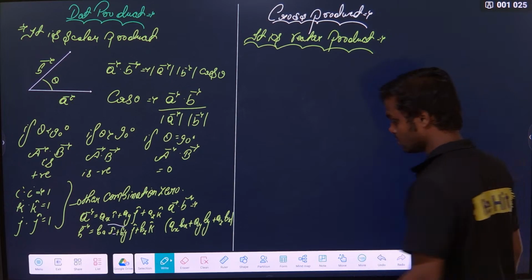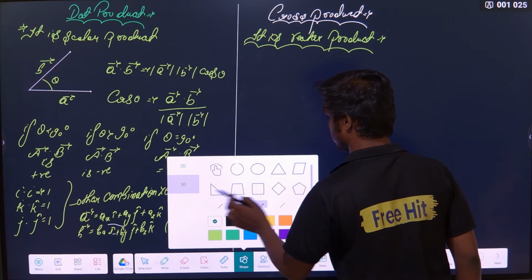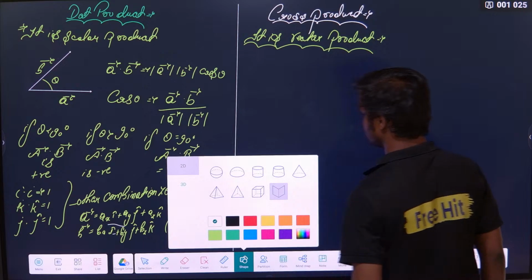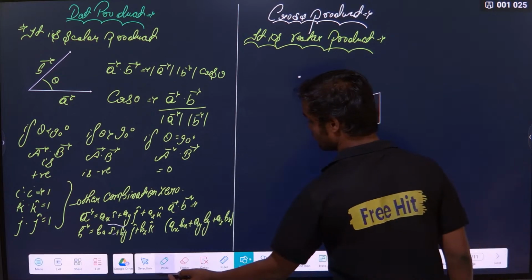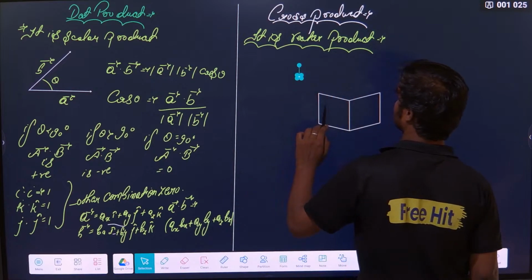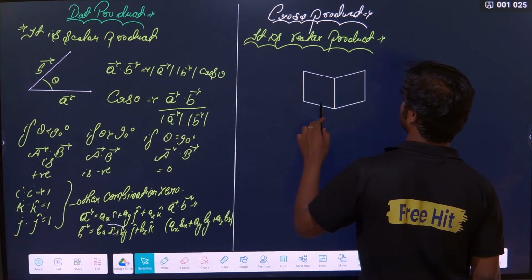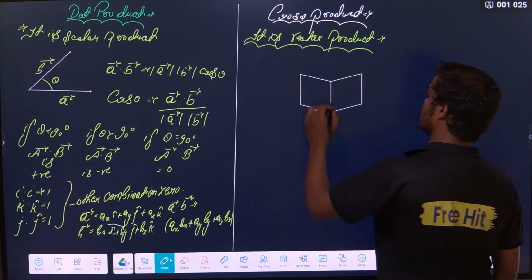Vector product means, suppose I have two vectors. Suppose this is some plane. This is one plane, this is another plane.